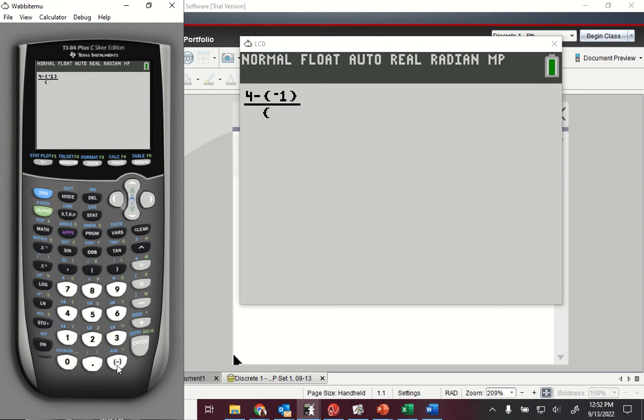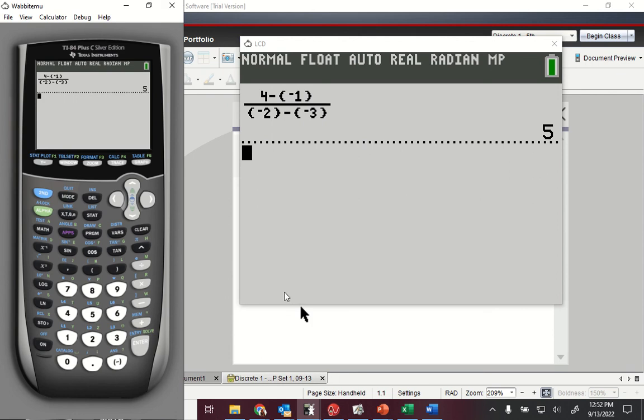Parentheses again. Negative 2. Close. Minus. There you go. Just like that, right? Yeah? And hit enter. There it is, my answer again. So you could do the same thing here, you just needed to know the steps to get there, right?